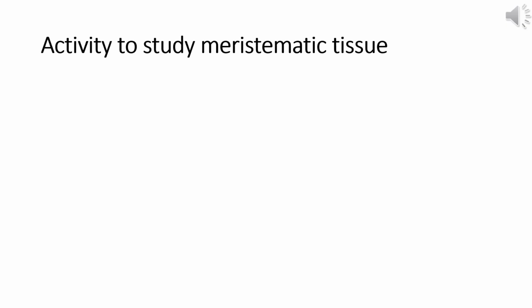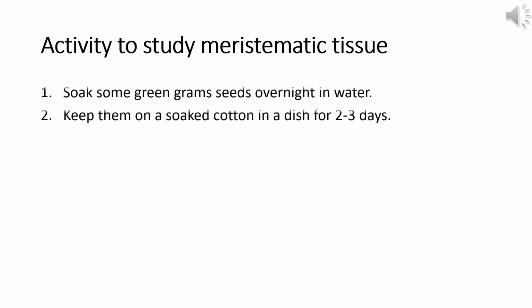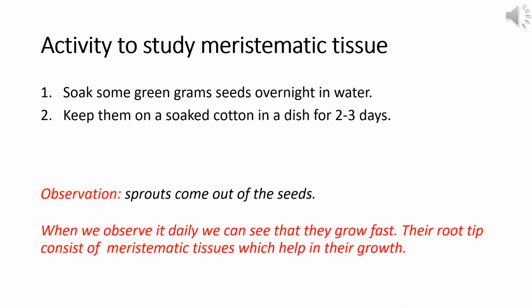Here is an activity to study the meristematic tissue. Soak some green gram seeds overnight in water. Keep them on soaked cotton in a dish for 2-3 days. Then after 2-3 days, when we observe the seeds, you can see that the sprouts come out.